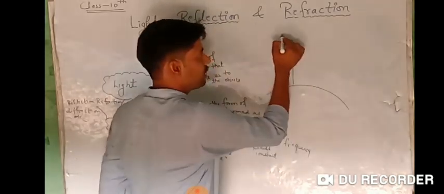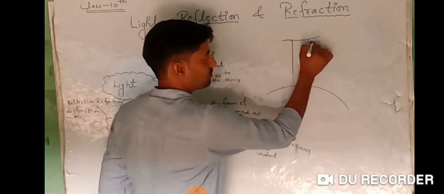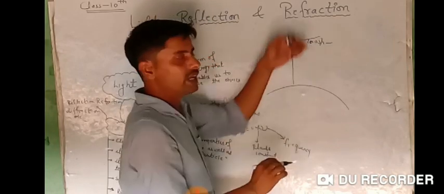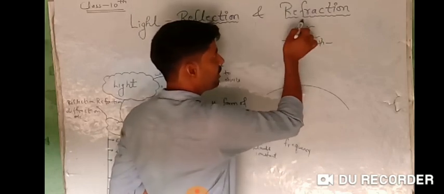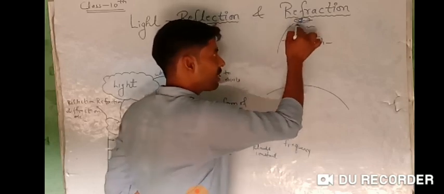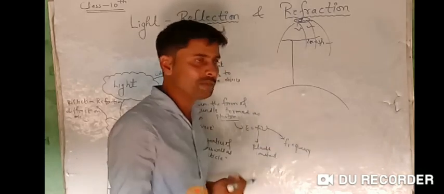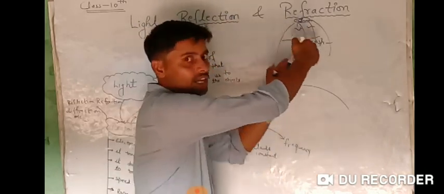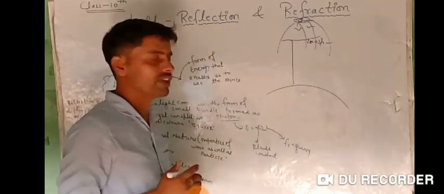Above the earth's atmosphere, the highest layer is the ionosphere. And above the ionosphere, there is vacuum, and above this the sun is there. If light rays are coming from the sun to the earth surface, then it means that light rays are traveling in the vacuum also. So light rays are able to travel in vacuum also.